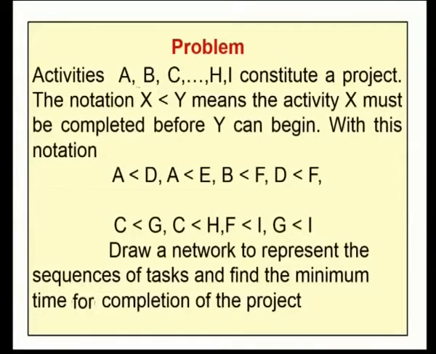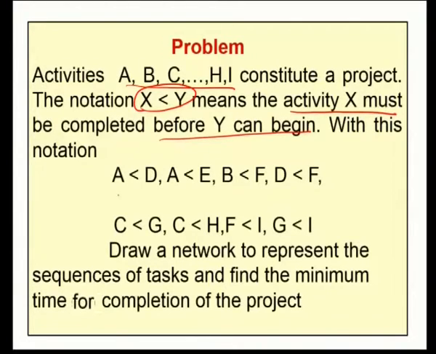Consider the problem. The activities A, B, C, D, E, F, G, H and I constitute a project. The notation x less than y means the activity x must be completed before y can start its work.